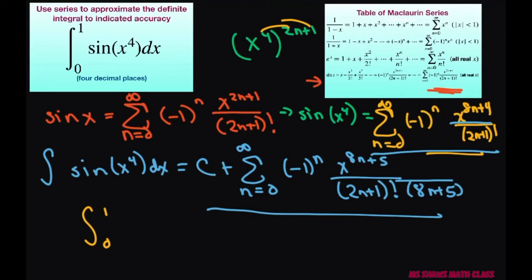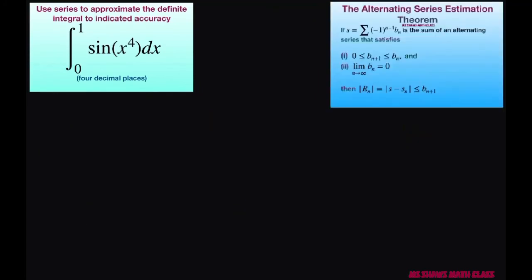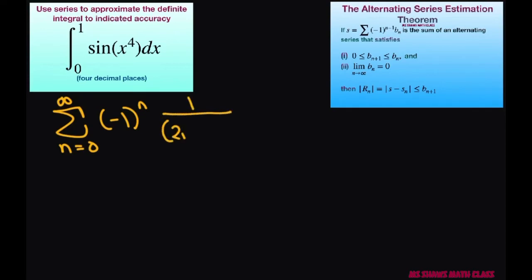So what we're going to get is the sum from n equals 0 to infinity of negative 1 to the nth power divided by 2n plus 1 factorial times 8n plus 5. Okay, that's after we evaluated from 0 to 1.